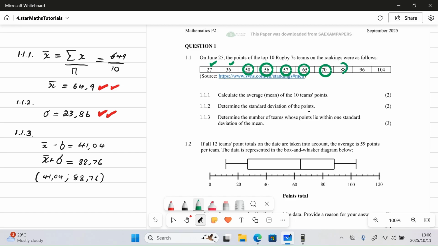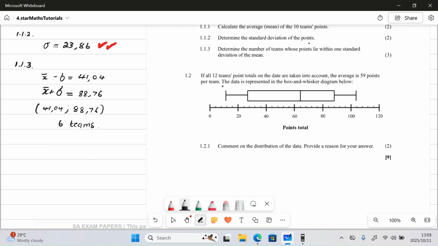So 88 is also less than 88.76 but greater than 41.04. This one is not within, this one is not within, meaning the answer is 6. So the number of teams whose points lie within one standard deviation of the mean is 6 teams.